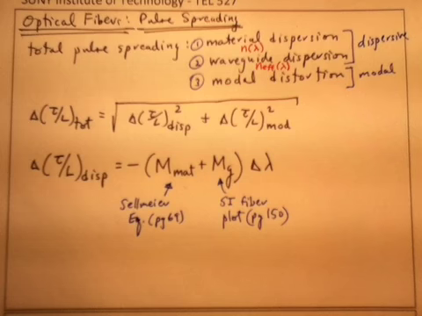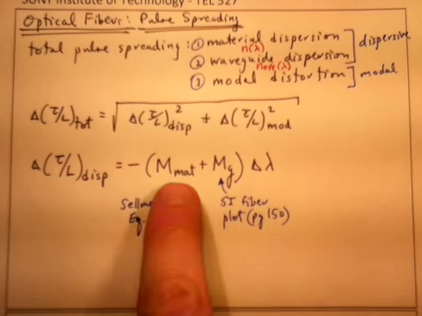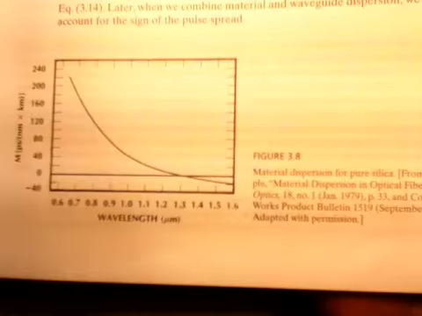Okay, and so what we haven't really shown in any of the slides is the relative size of the material and the waveguide dispersion. So I'll show you a couple plots from the book now.